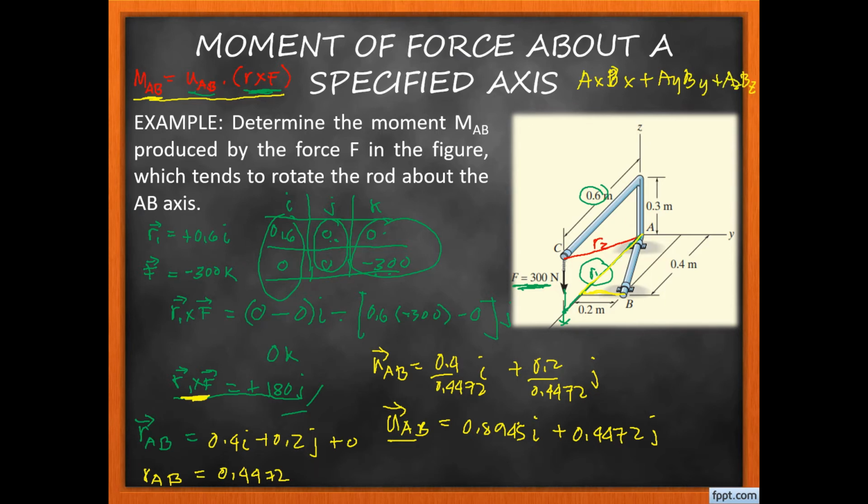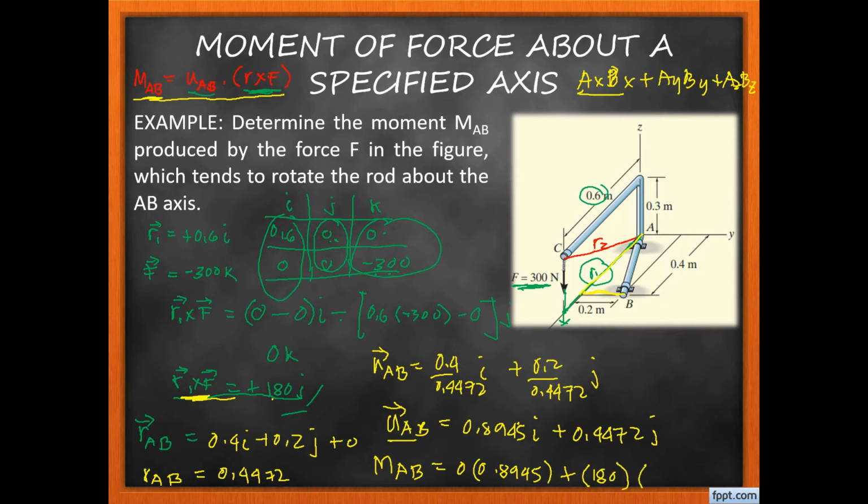So, gamit yung formula na yan, makukuha natin yung moment along AB, that is equals to, so yung AX natin, which is yung, in our case, yung A natin is yung R cross F. So, yung AX natin is 0 dahil 180J lang yung nakuha natin doon, so 0. And then, yung BX natin is 0.8945, plus AY natin is 180.